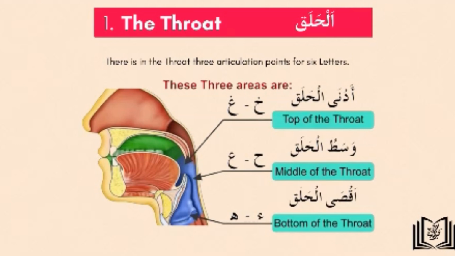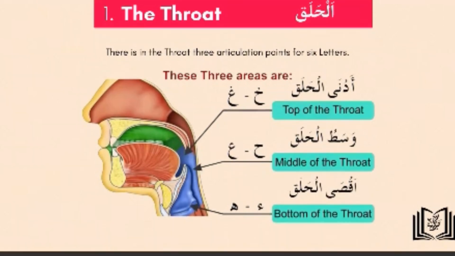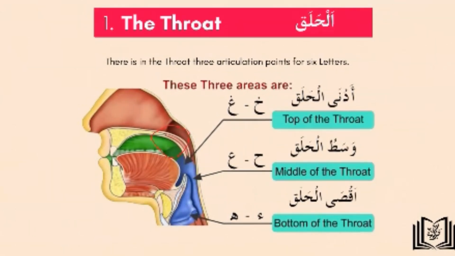It means the pronouncing is correct. Next, for Adnal Halaq, you have to feel it here. You will feel a very slight vibration after spelling the alphabets Kha, Ghain, as if a very tiny part of your tongue is touching here. That will be the vibration.